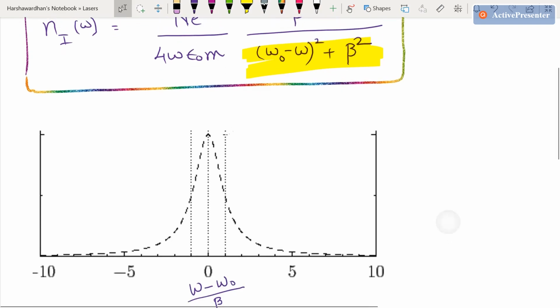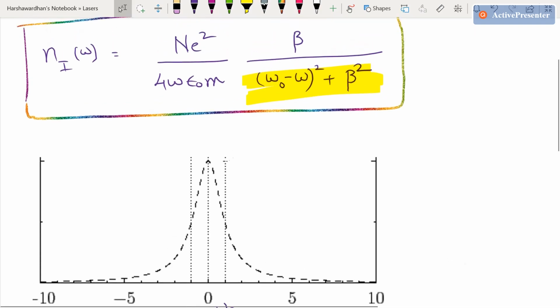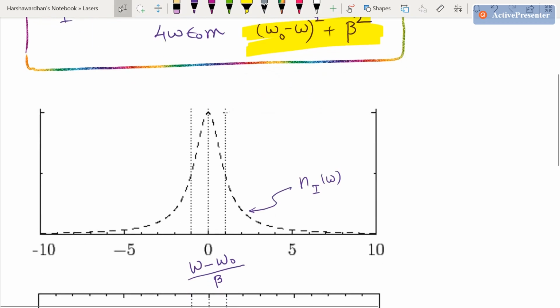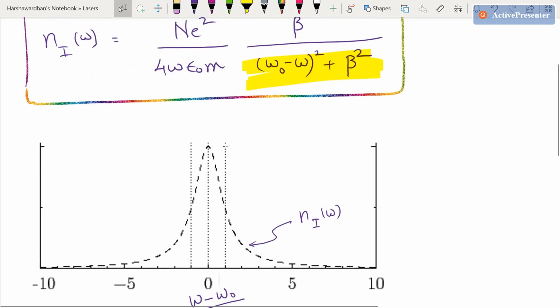So you can clearly see that at resonance, I get a peak. What I'm plotting here is n_i, the imaginary part of the refractive index. At omega equal to omega naught, which is 0, I get a peak because the denominator goes down.